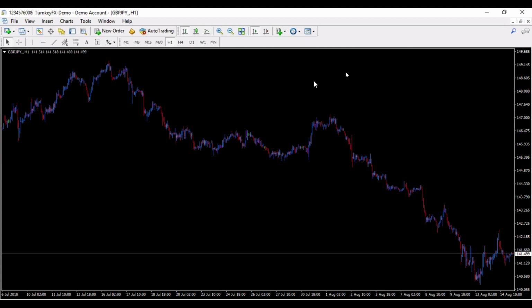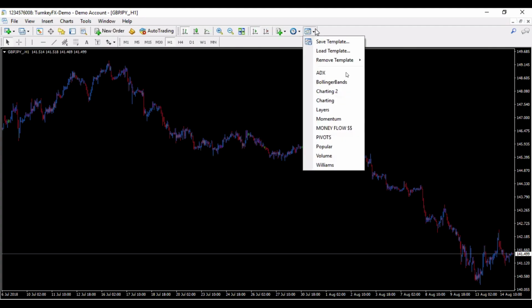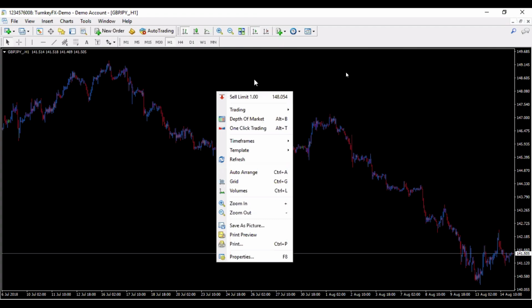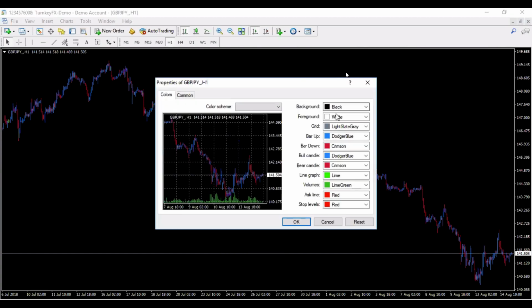Last week, I left off with learning how to set up a template. What we did was right-click or press F8 to pull up your properties. When you go to your properties, leave your settings the same way I have it right here, the exact same way.